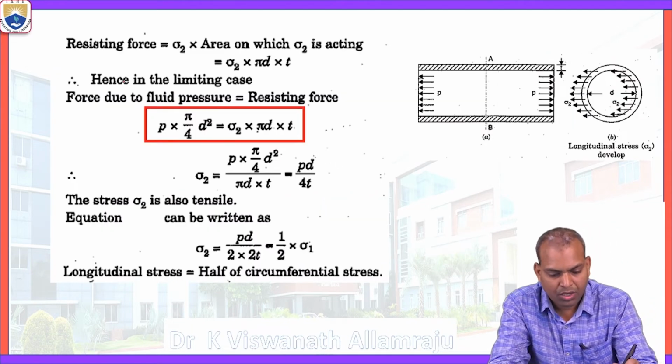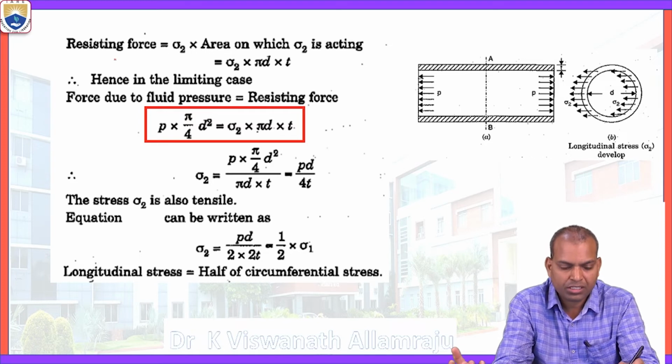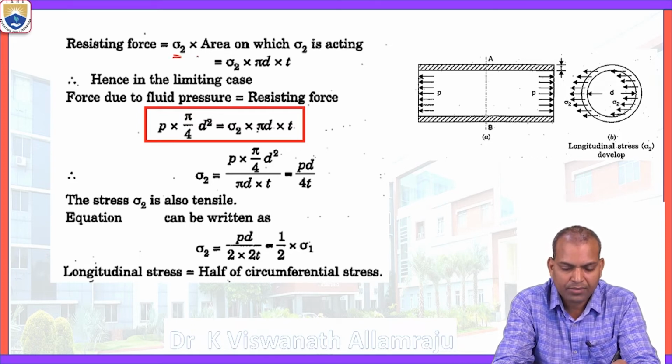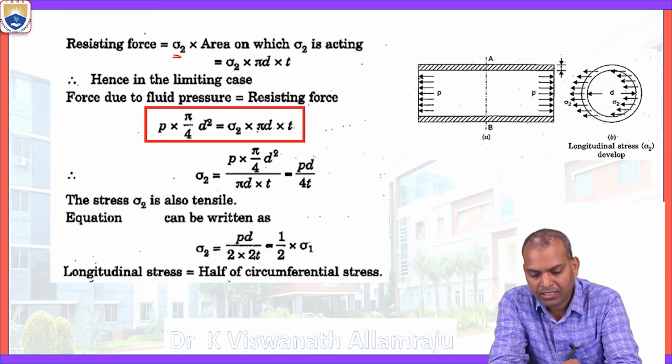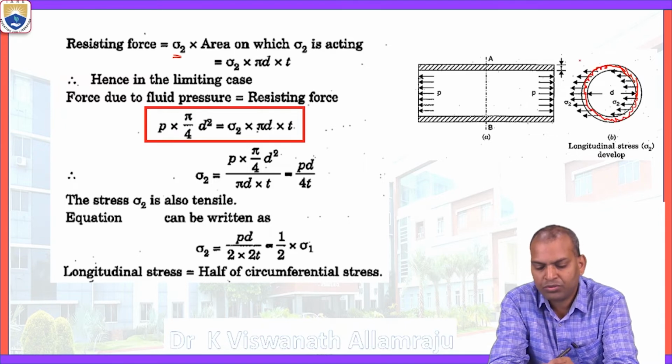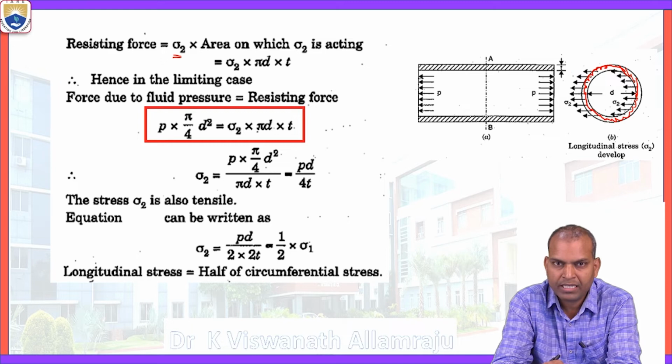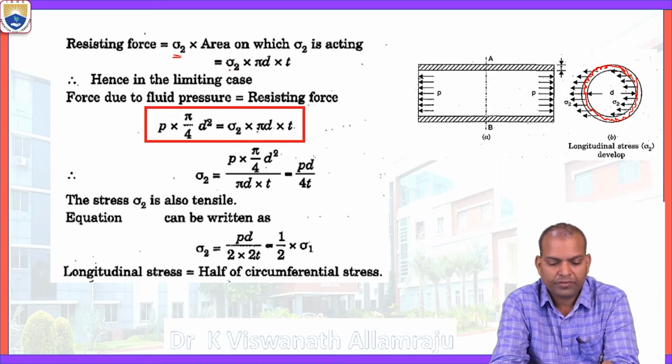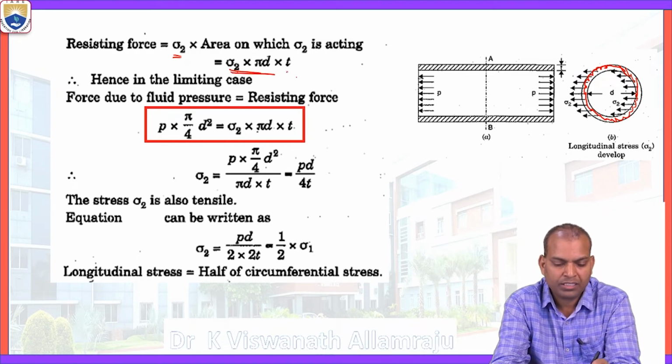Then next, what is the resisting force? The resisting force is sigma 2, the longitudinal stress, times the area on which sigma 2 is acting. This is the area on which sigma 2 is acting, the circumferential area, that is sigma 2 times pi dt.